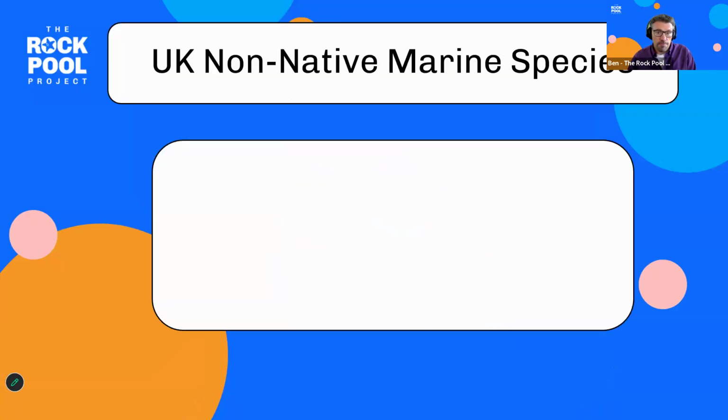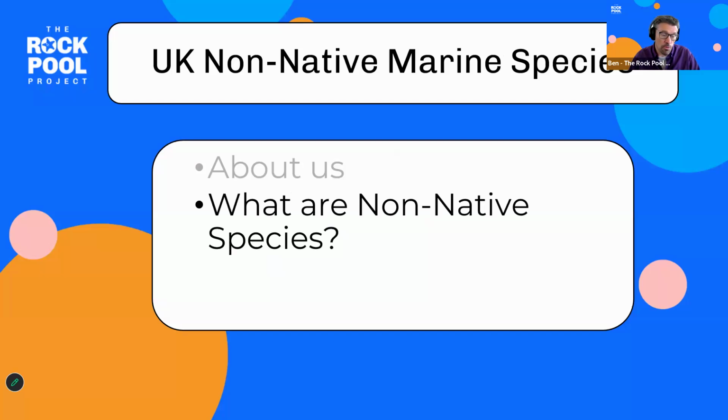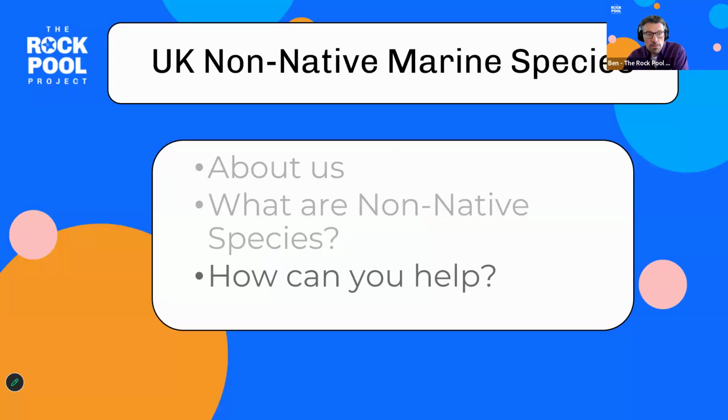So a quick breakdown of this evening's session. First of all, I'm going to talk a little bit about the Rockpool Project. Ellen's given a great introduction to what we're all about, but I'll go into a little more detail. Then we'll go into the non-native species themselves, talking generally about what they are, how they come about, and then how you can help and get involved.